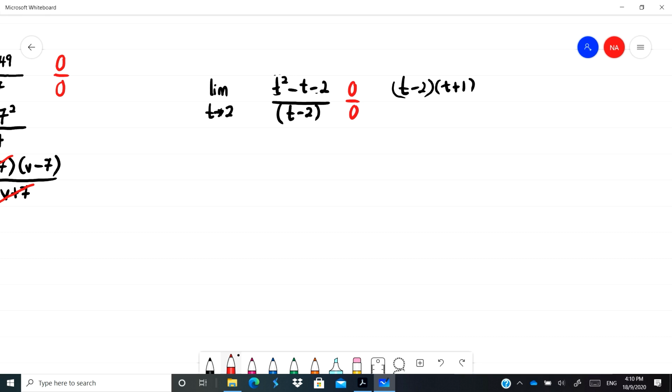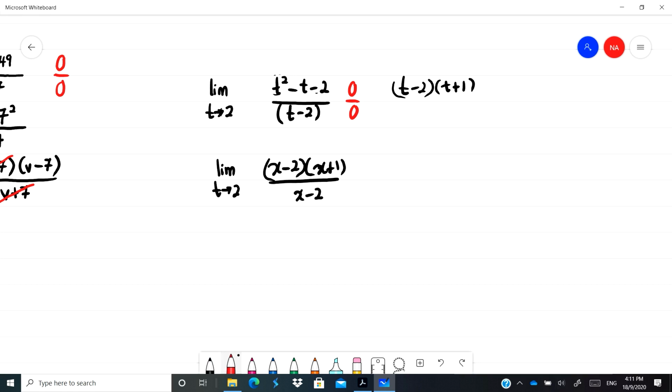But when you press your calculator, the calculator will give in terms of x. So the most common mistake that students make is that they write the limit as t approaching 2, but here they write as x minus 2 x plus 1, and suddenly the numerator also becomes x minus 2. I don't know where this x comes from, but please, when your calculator shows x equal to 2, x equal to negative 1, all right, please convert it according to the question.